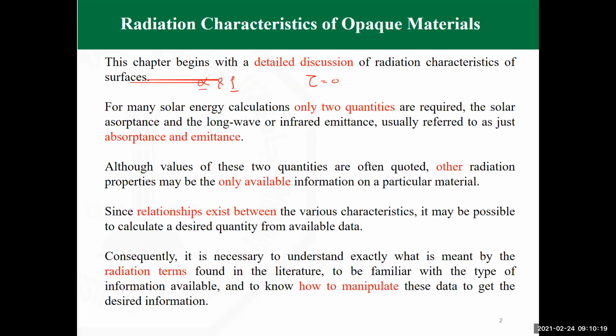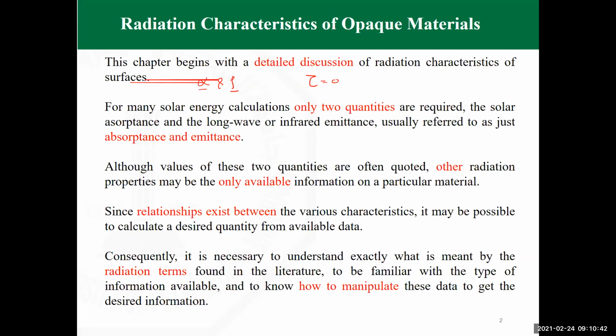For many solar energy calculations, two quantities are normally needed. The absorptance, which means the ability of the surface to absorb energy and accordingly get heated up because of the energy it absorbs. And the infrared emittance.